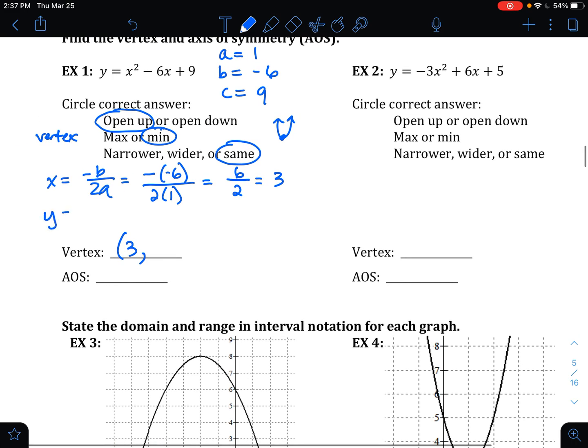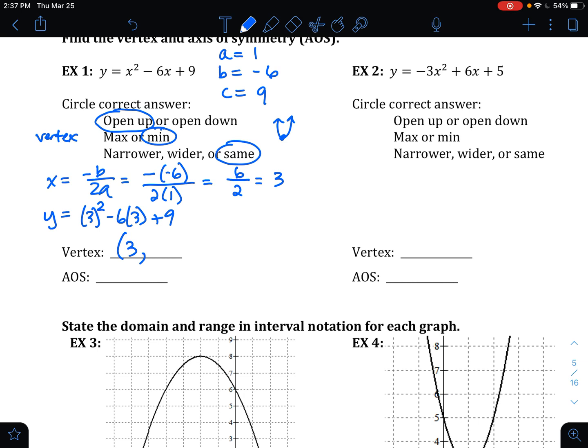Now, to get the y coordinate, I'm going to plug in 3 for x in this equation. So I'm going to do 3 squared minus 6 times 3 plus 9, and type that in my calculator all in one line.